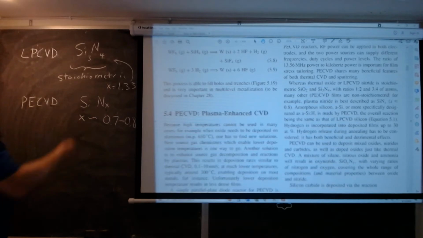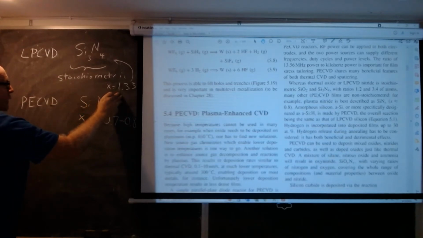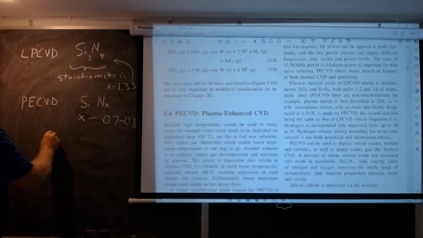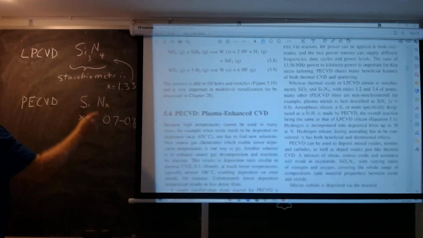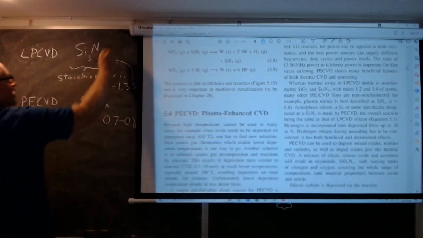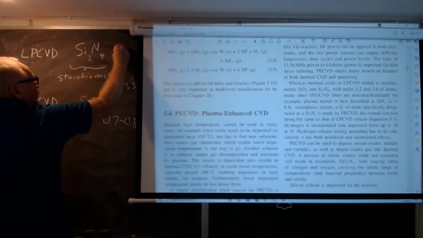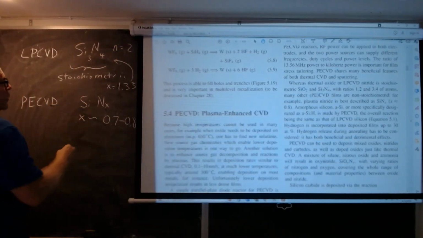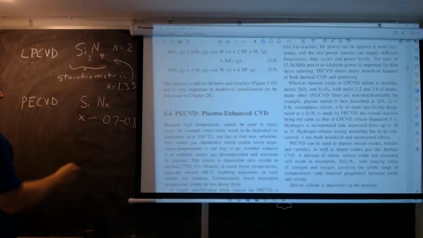And whereas stoichiometric silicon nitride, which has a nitrogen content of 1.33, tends to have a refractive index of about 2. Okay, so N here is the refractive index.